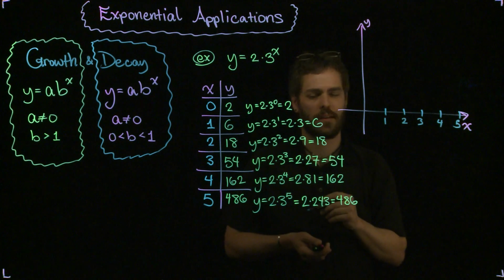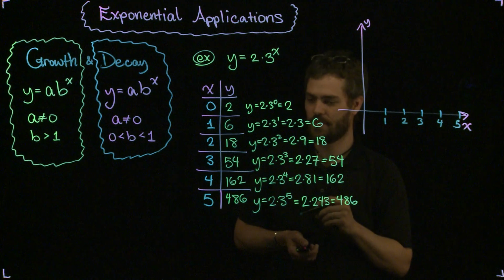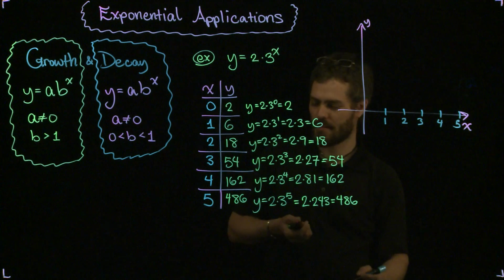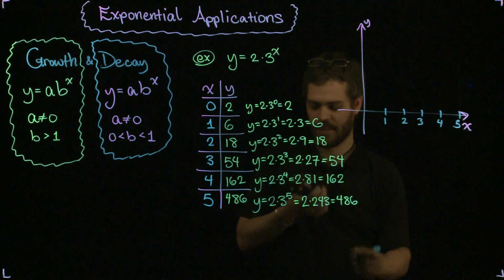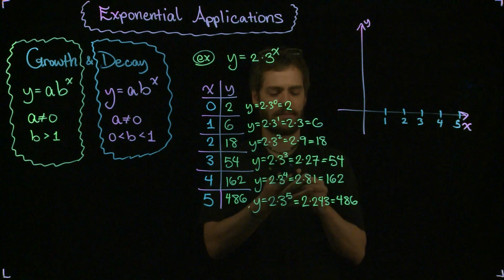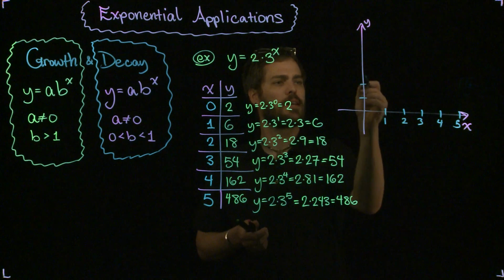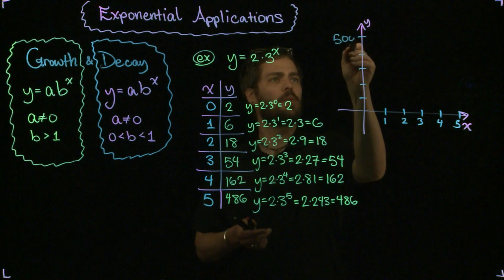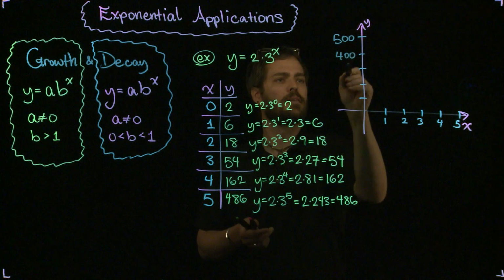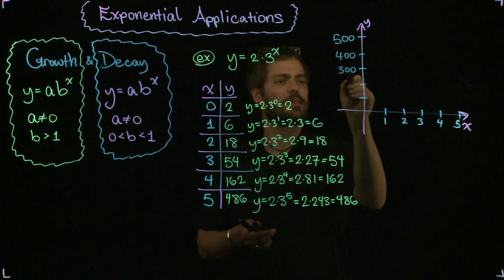The Y values increased very rapidly. 2 was the smallest number here, and all the way up to 486. So if I were to put 5 hash marks here on the y-axis, each going by 100, let's take a look at what this would look like.